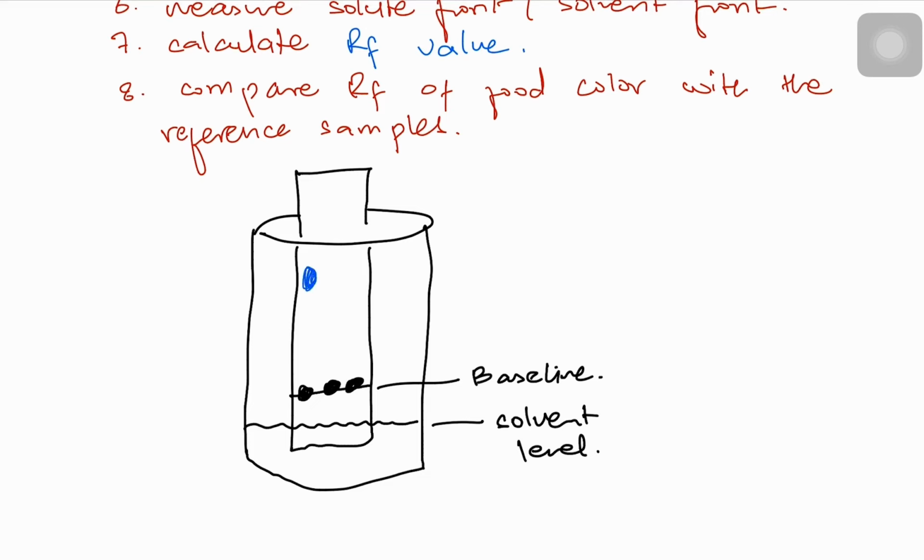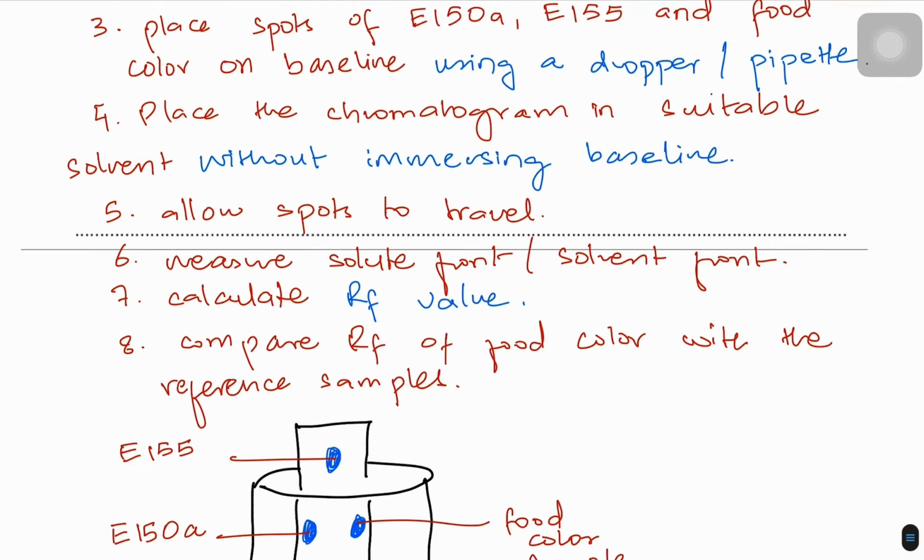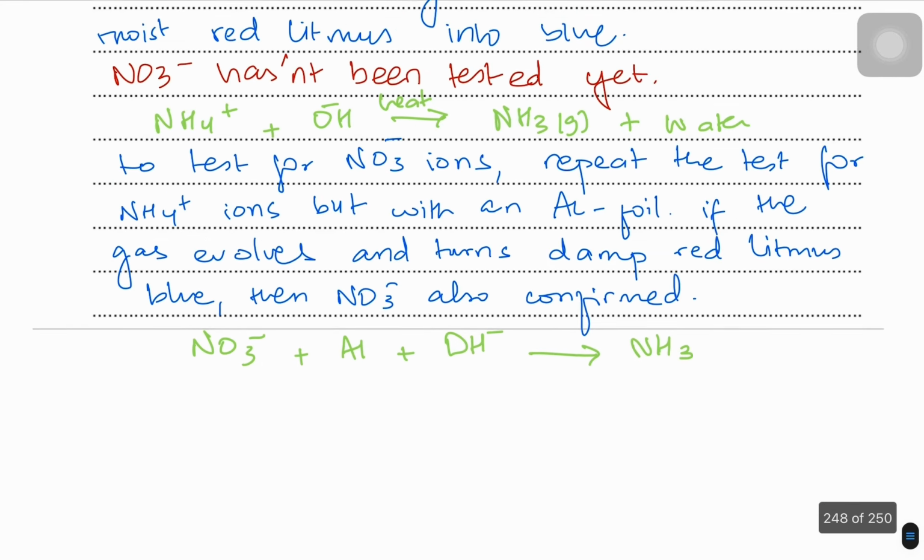They will give you your RF values like this. This is, let's suppose, E150A. This is E155, and this is your food color sample. So you can conclude from my diagram that the food color was E150A, but it could be up or down both. I hope you guys are getting how to clearly write your answers here.